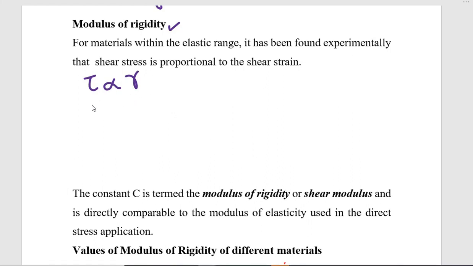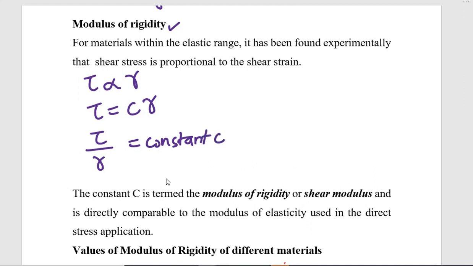So that means tau is equal to, if we introduce a constant c, times gamma. It means tau out of gamma is equal to that constant c. It therefore means that this constant c is the constant of proportionality, and it is what is regarded as the modulus of rigidity. Therefore c is the modulus of rigidity.